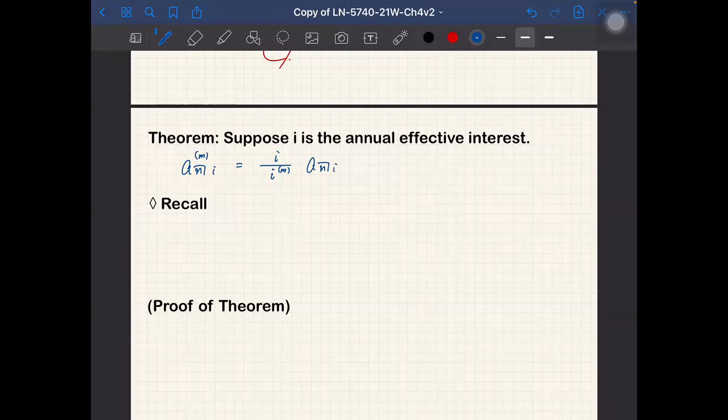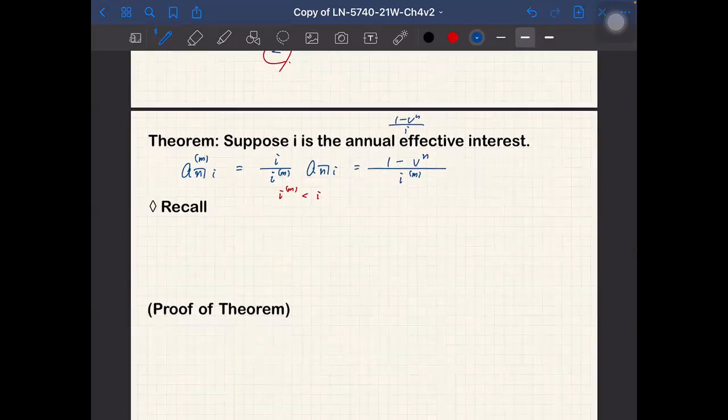So these two quantities are similar: i and i superscript m express the same interest in a slightly different way. i superscript m is slightly smaller because it compounds m times. Or we can say that a angle n is 1 minus v^n over i. So if you cancel the i, this is 1 minus v to the nth power over i superscript m.